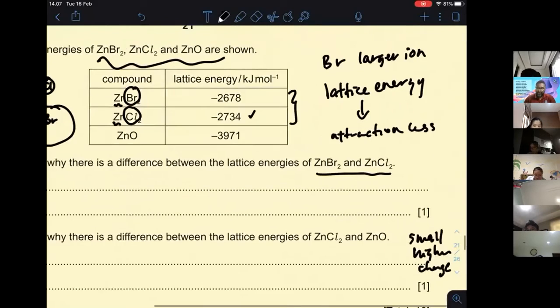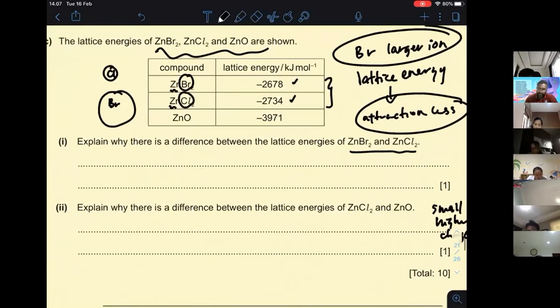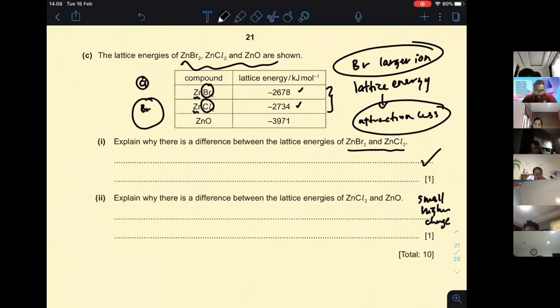I wrote here: Br minus is going to be a larger ion. And then the lattice energy, therefore, will be lower than zinc chloride. Therefore we can say that the attraction between zinc 2 plus and Br minus is going to be less. So you explain about that. It's 1 mark.